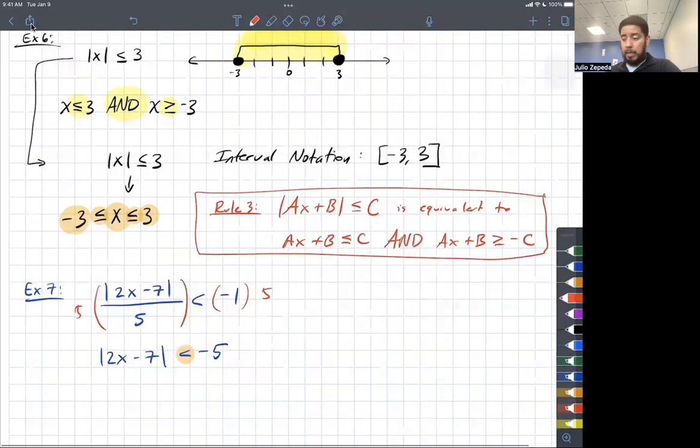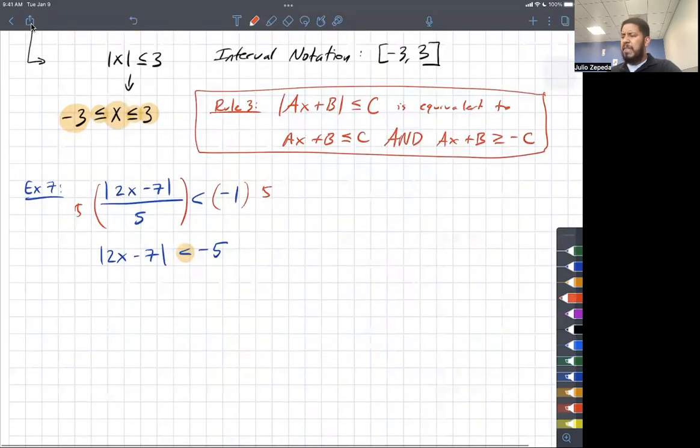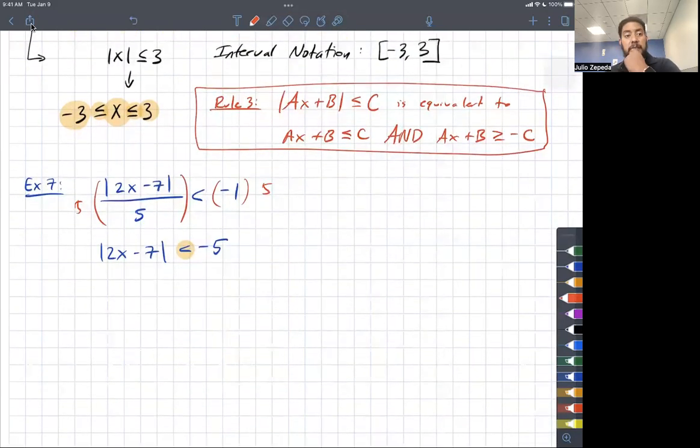Okay, let's try to apply that rule to this inequality here. Notice this inequality has a less than symbol, so it's very similar to this inequality here with the less than. So we'll use this rule here. We'll write out these two inequalities and see what that gives us.